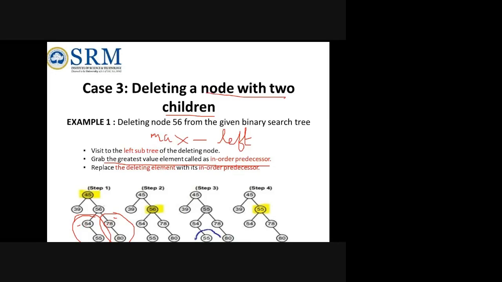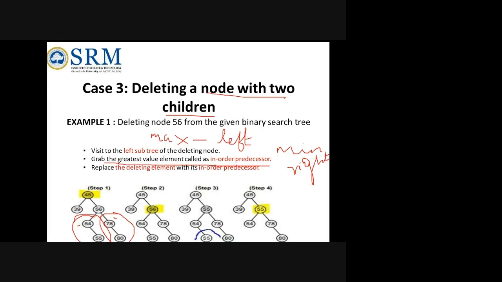If you transfer immediately, in many conditions it will not be satisfied, because it will go wrong at certain times. So the algorithm is framed like this: either take the smallest value from the right side or the greatest value from the left side. So maximum value from the left or minimum value from the right.